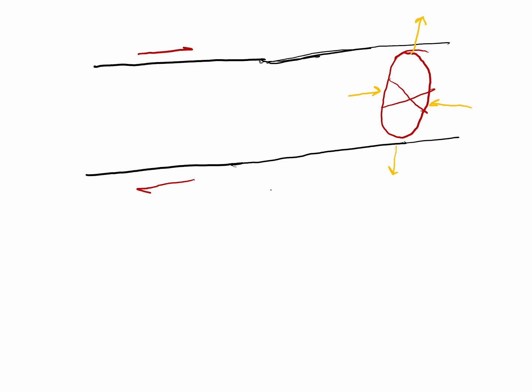Now this is the sense of shear. Here, zooming out, this is R1 and this is R2. This is R2 and this is R1.